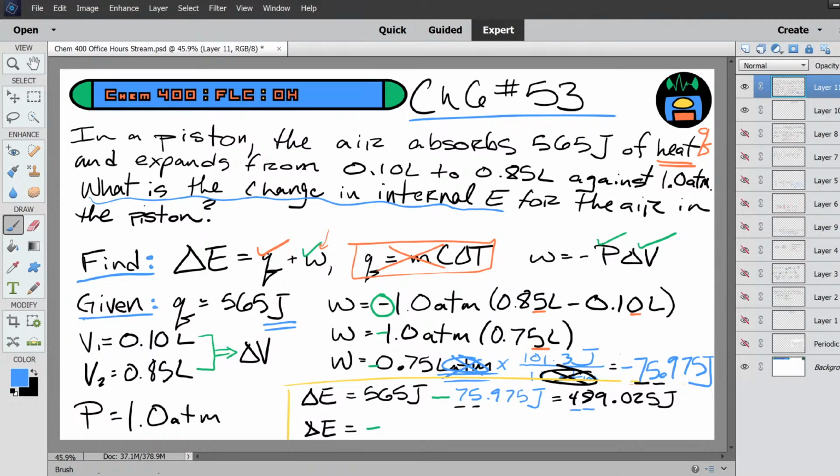Only keeping 2 sig figs. Oh, no, not 2 sig figs. So we got to look at the last significant digit, which is in the ones place, 2 rounds down. So our answer, which is not negative, is 489 joules. Jason, thank you. You are totally right.